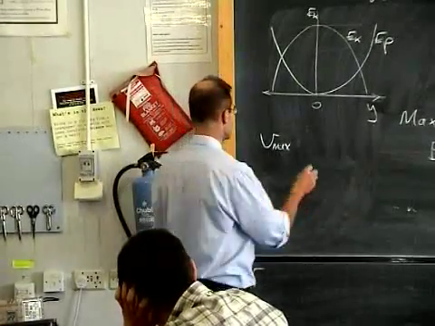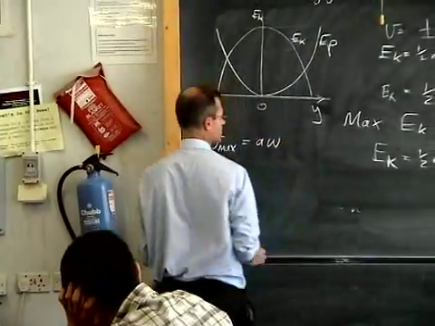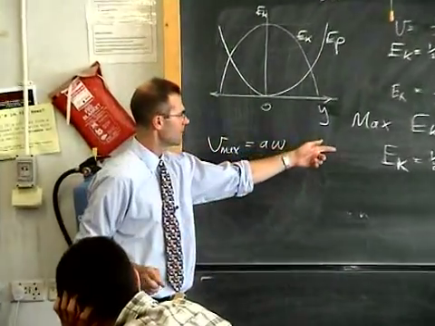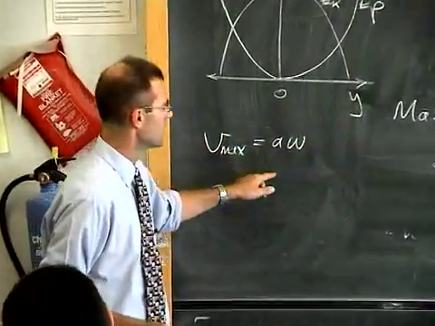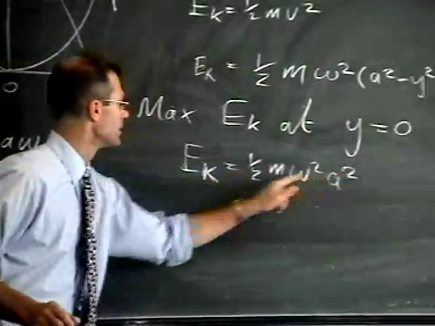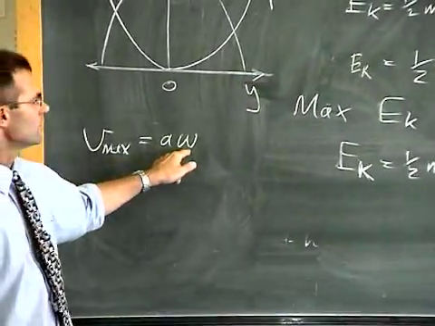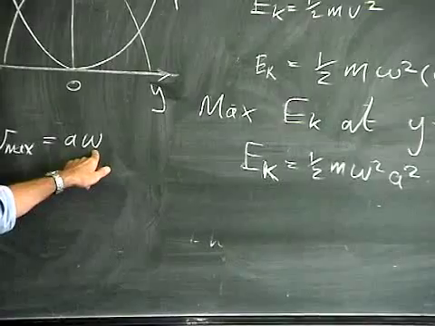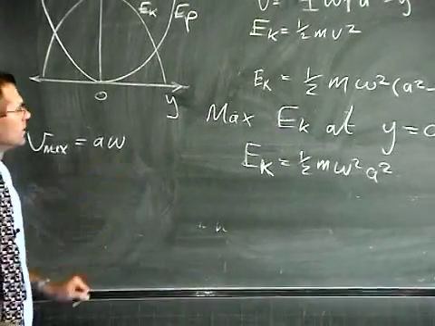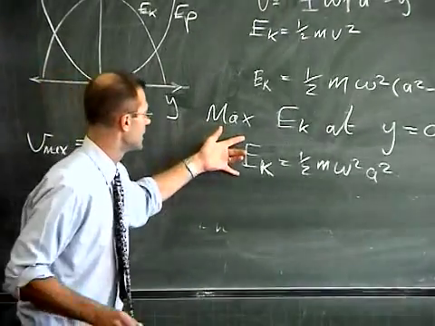A omega, okay? So the maximum kinetic energy is going to be half m times the maximum velocity squared, a squared omega squared. So it works. All right, that's our maximum kinetic energy.